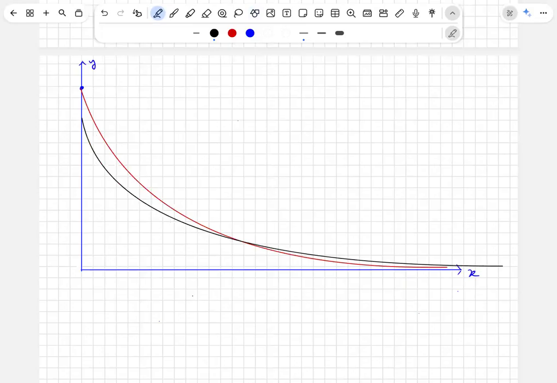What do you conclude in this graph? Now here, please try to understand which one has higher RC, the red one or the black one?